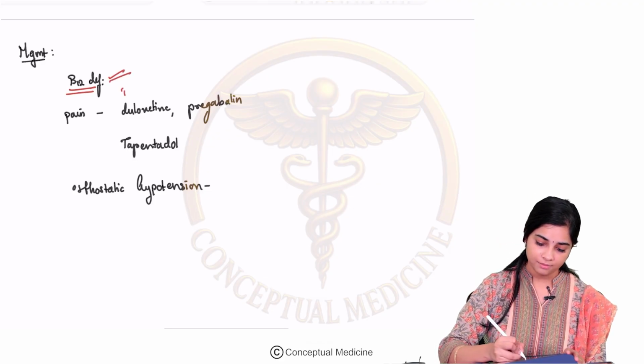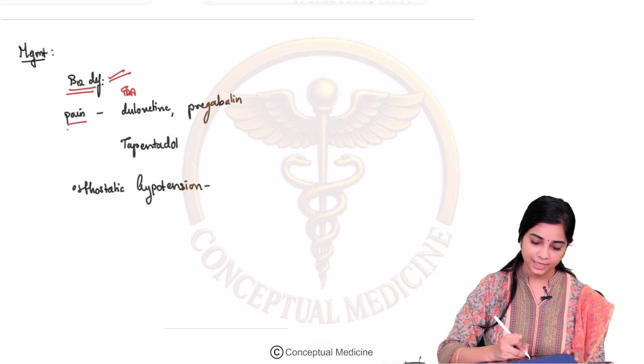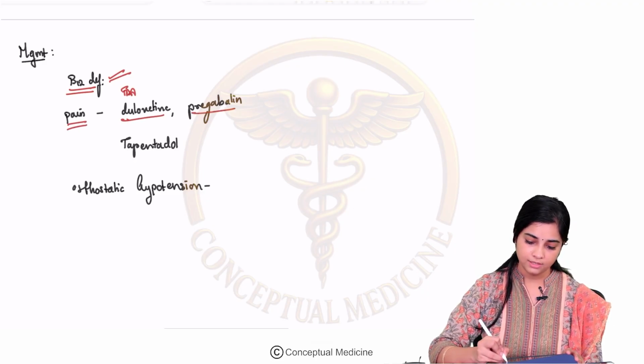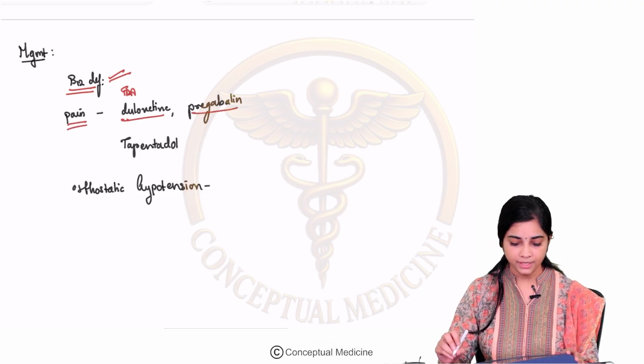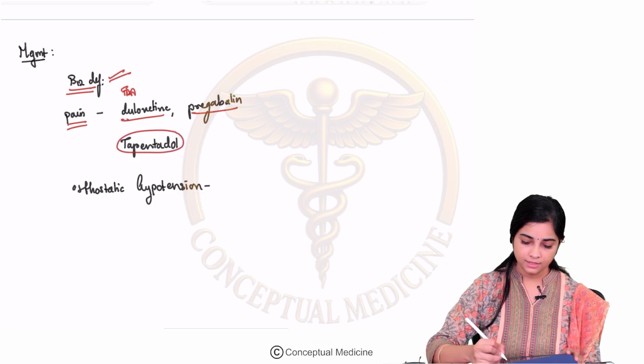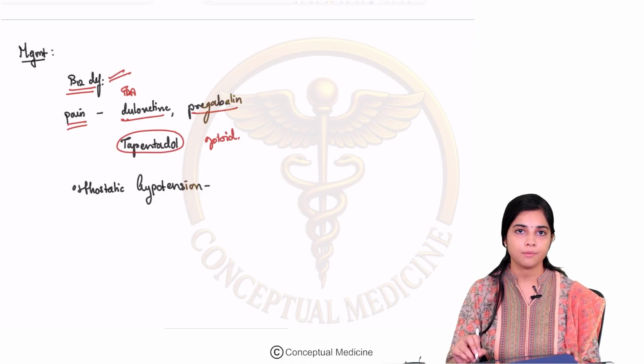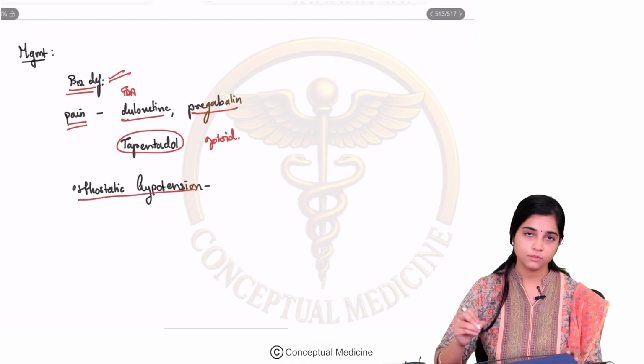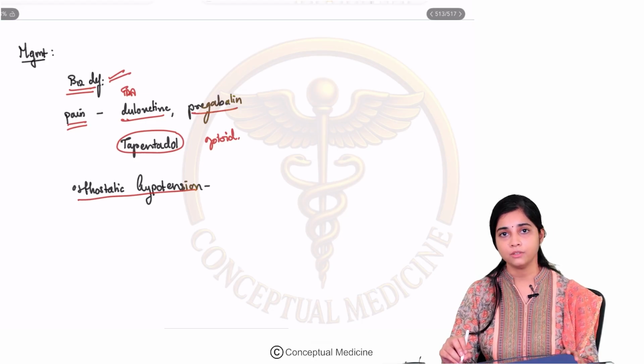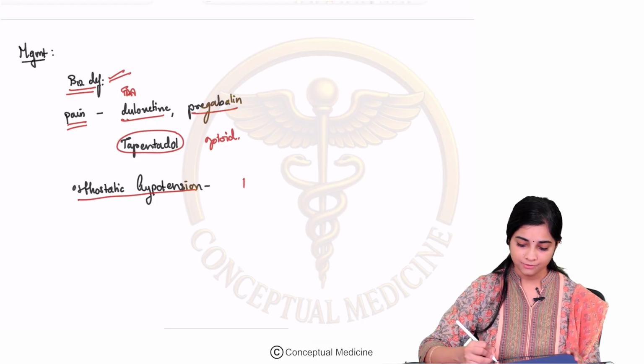The 2 FDA approved drugs for painful diabetic neuropathies are duloxetine and pregabalin. Tapentadol is also another opioid with analgesic properties, and this has also been FDA approved for diabetic neuropathy. If there is orthostatic hypotension because of autonomic neuropathy, then the drug of choice will be midodrine.